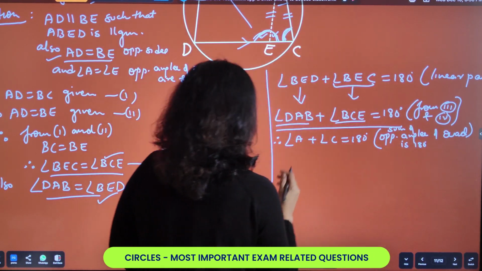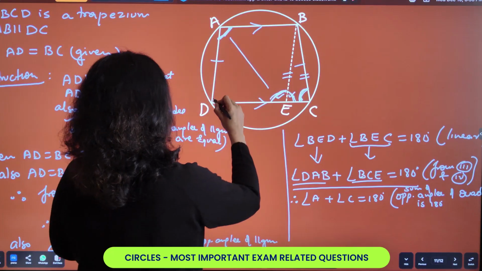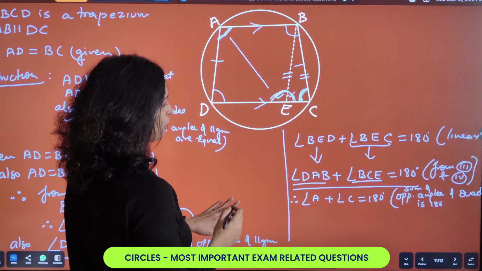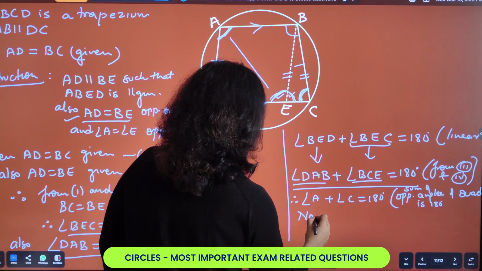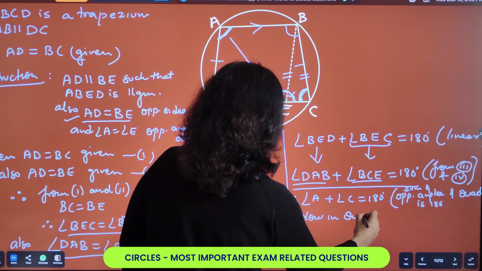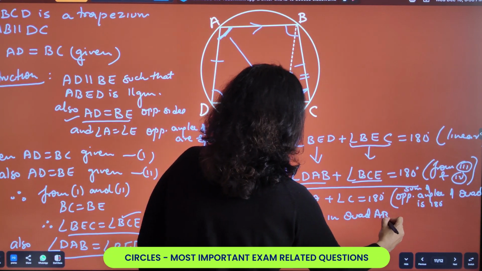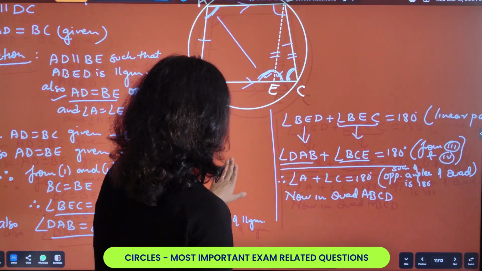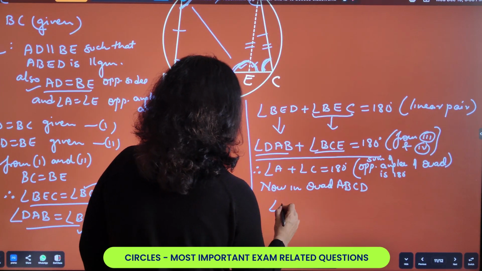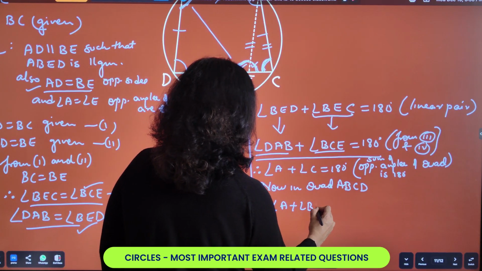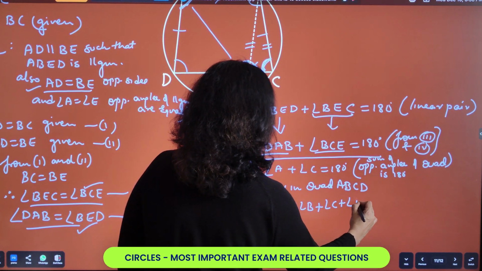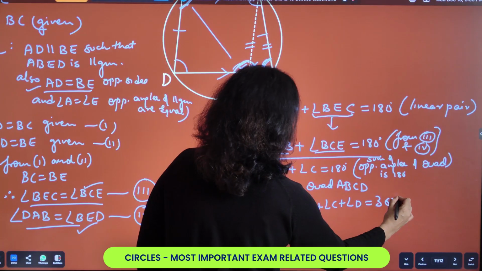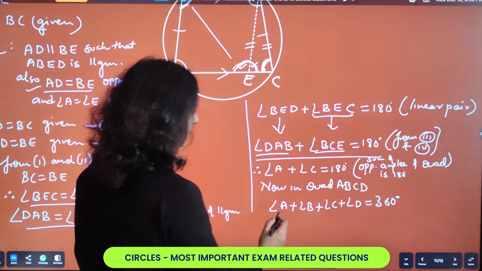And we can also see the other side. We can see now these two other angles also. So in quadrilateral ABCD we can take the sum of the angles: angle A plus angle B plus angle C plus angle D. How much? 360 degrees. The sum of the angles of a quadrilateral is 360.